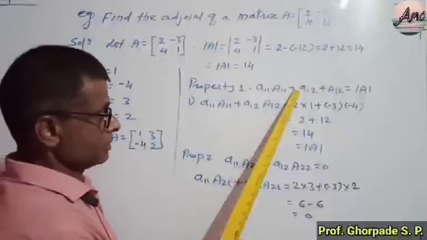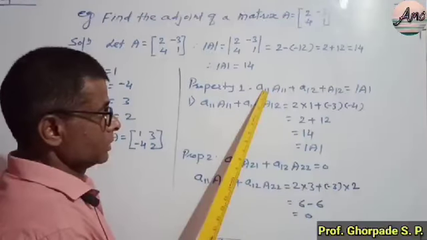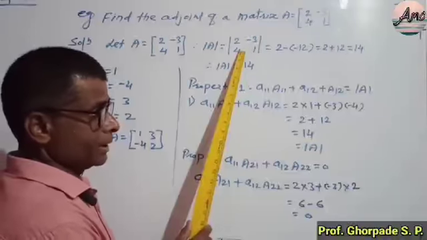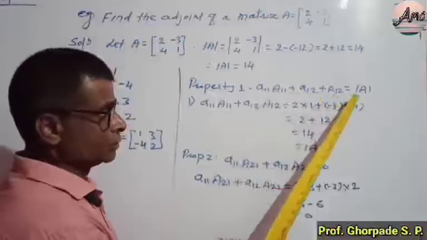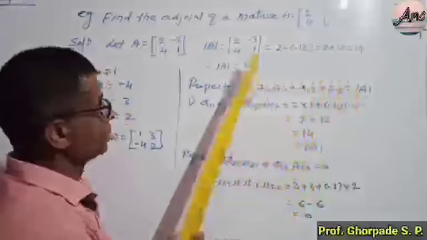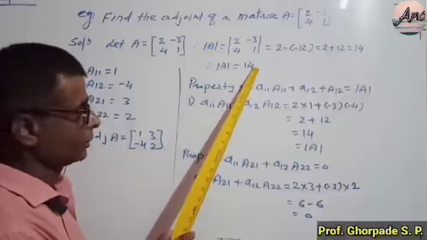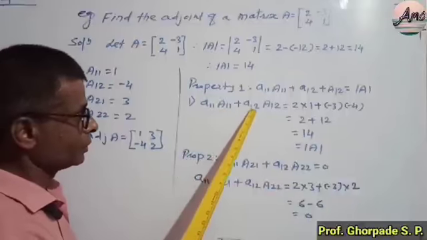The sum of the product of the elements of the row of a determinant and the corresponding cofactors of the same row is always equal to the value of a determinant. So the determinant of A, whose value is what here? 14. So take the property A11 into its cofactor plus A12 into its cofactor.